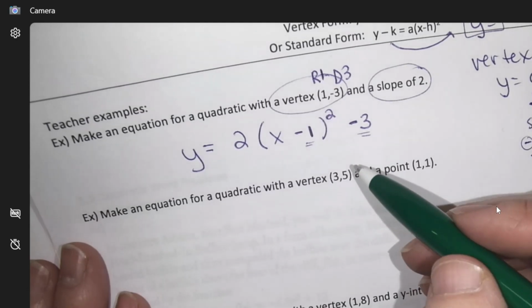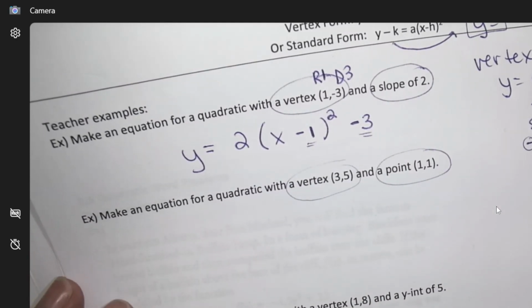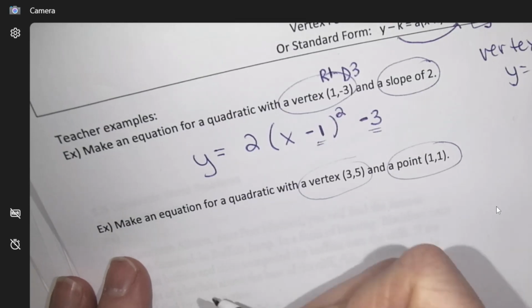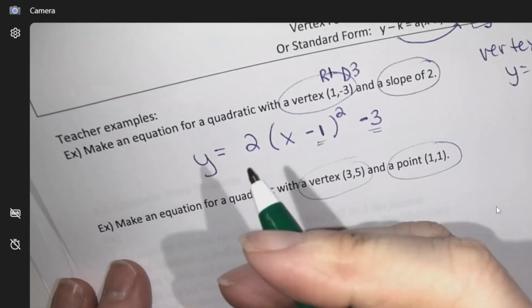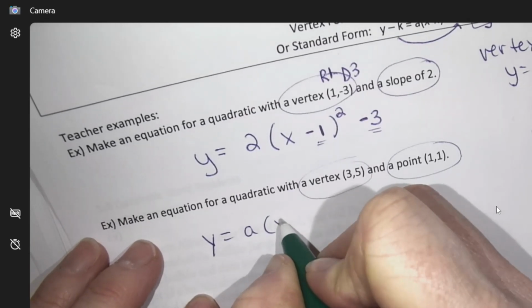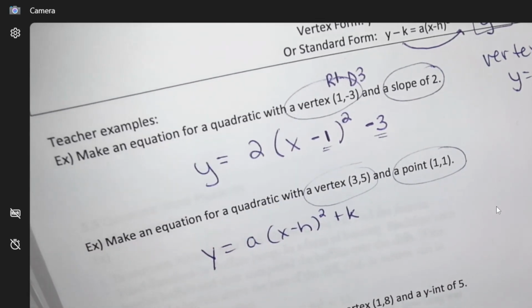Okay, here we go. Vertex and a point. Okay, so vertex and a point. Okay, actually, here's what I'm going to do. Let's write the whole thing out.